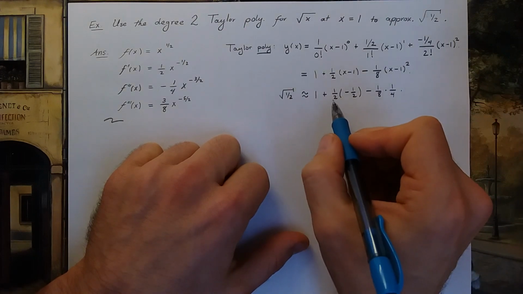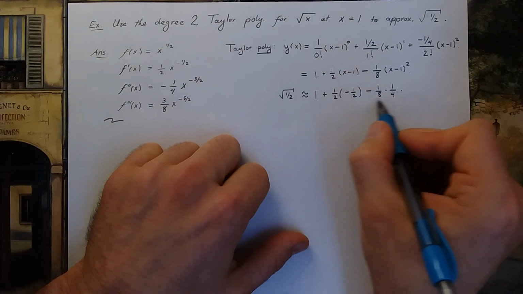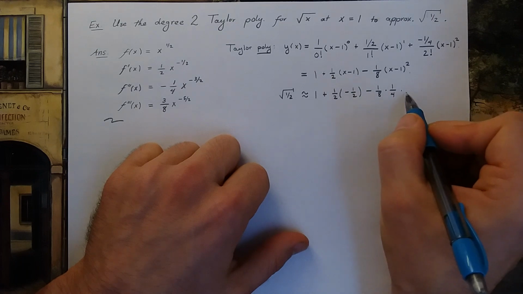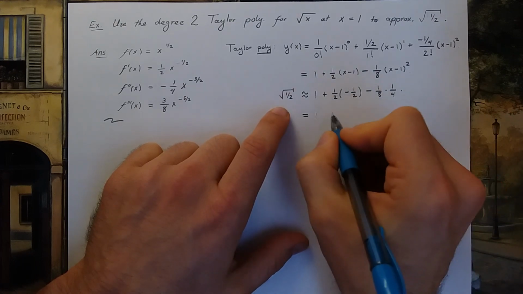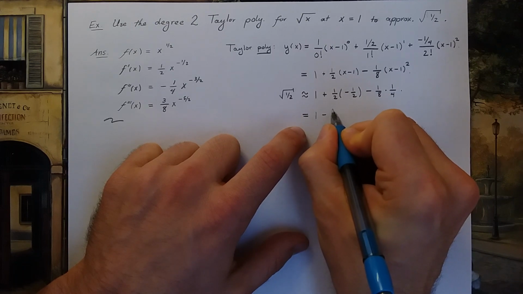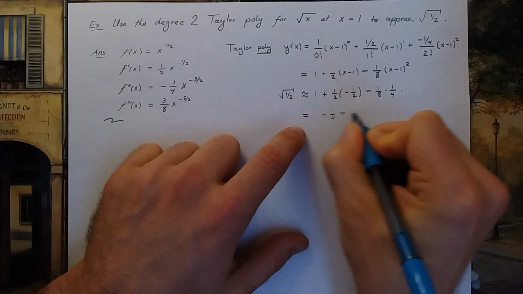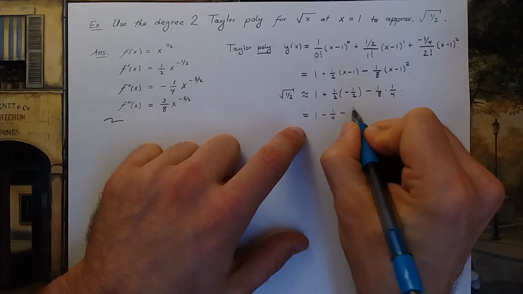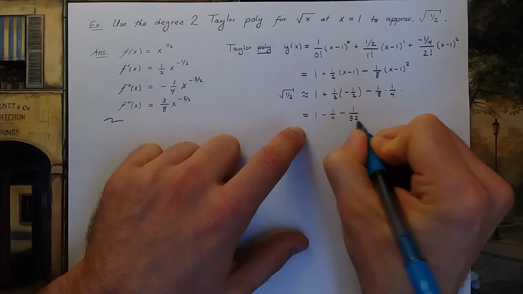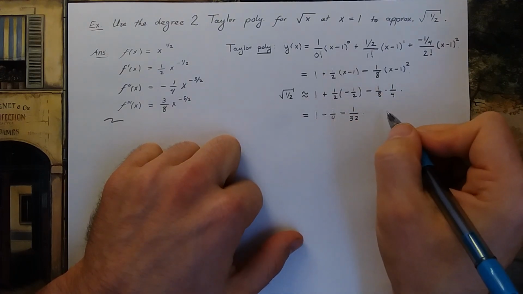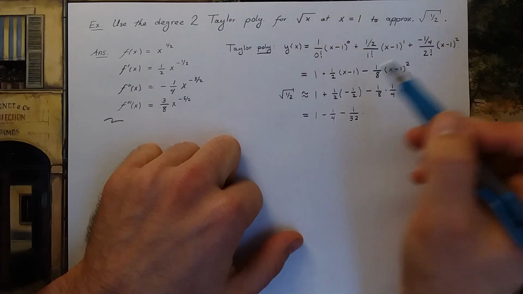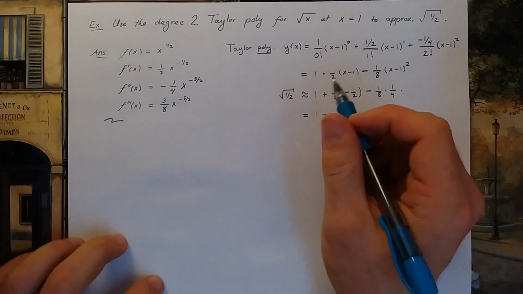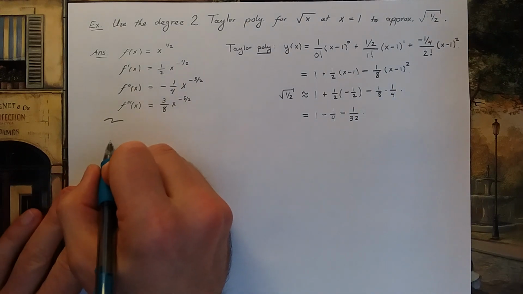All right. How good of an approximation is this? So what is this actually? So this is 1, I think it'd be minus 1/4 minus 1 over 32. So whatever number that is. How close am I to the actual value? Well, for that, I want a bound on the error.